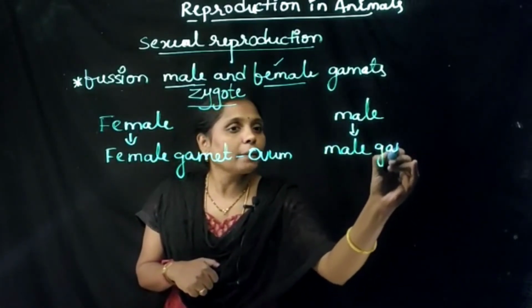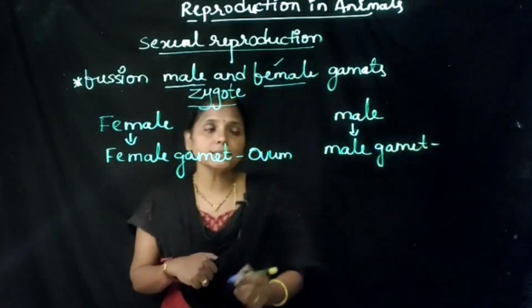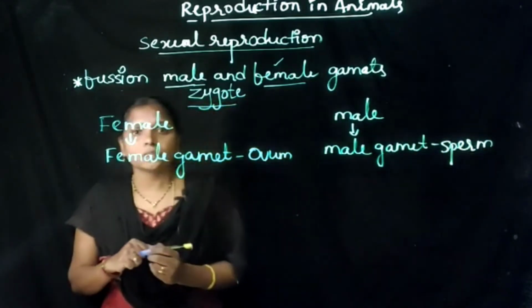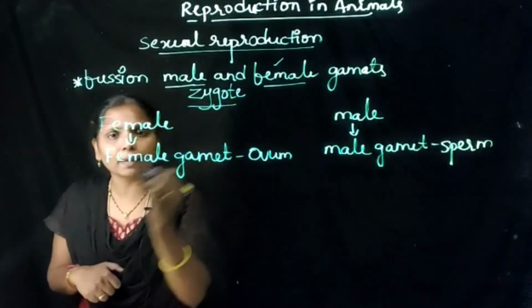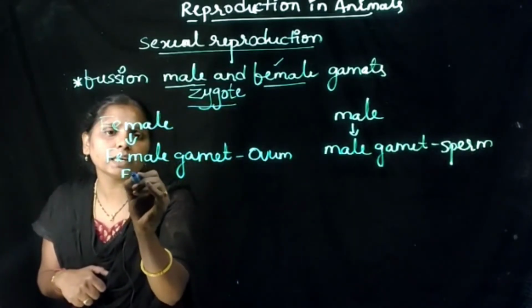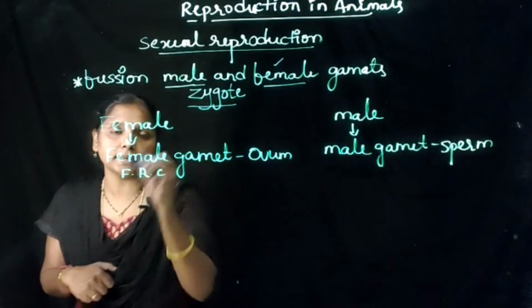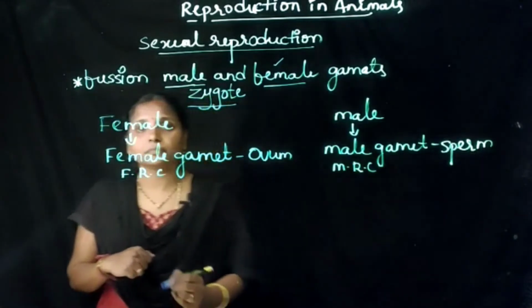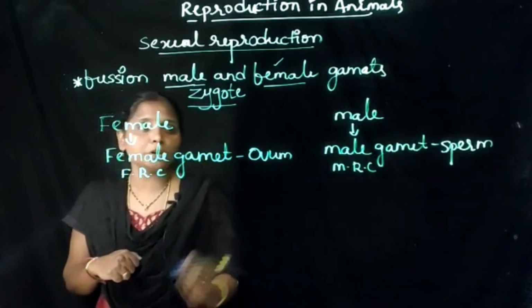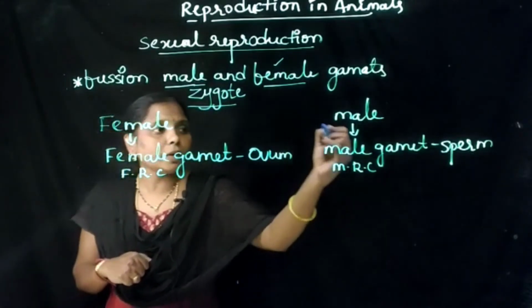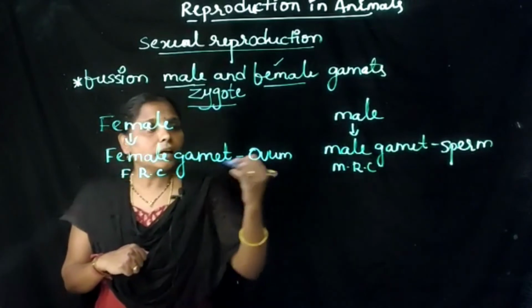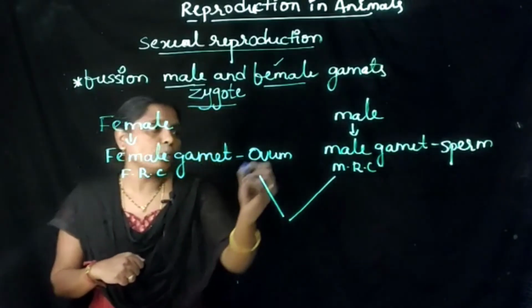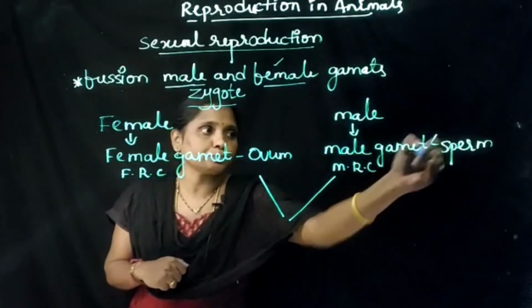That male gamete is commonly known as the sperm cell. We can also call the female gamete the female reproductive cell, and the male gamete the male reproductive cell. When the female produces the female gamete and the male produces the male gamete, both get fused, the ovum and the sperm cell.